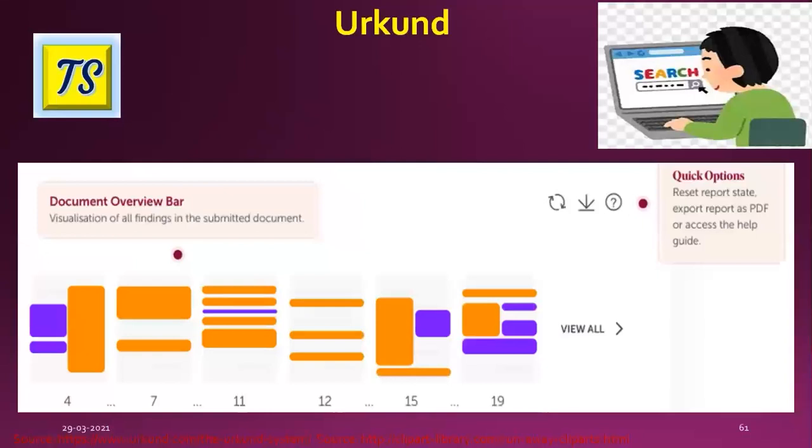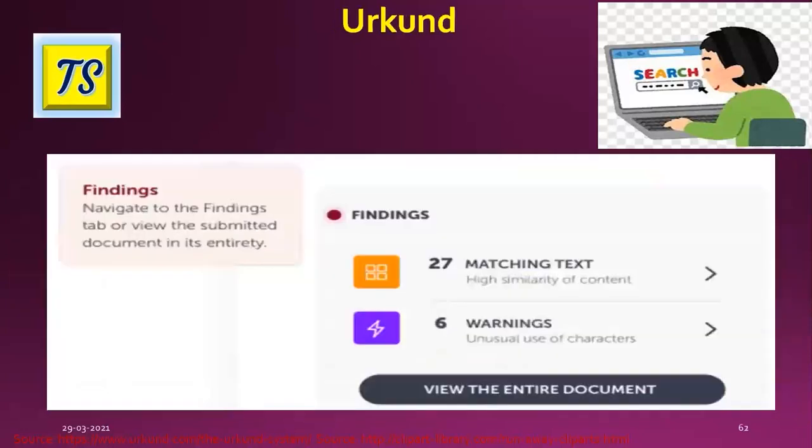See, this is referred to as a document overview bar. If you access this bar, you can find all the page numbers. See, the pages, when you click, it will scroll one by one. All the pages, whatever you submitted, will be monitored this way. See the right part.